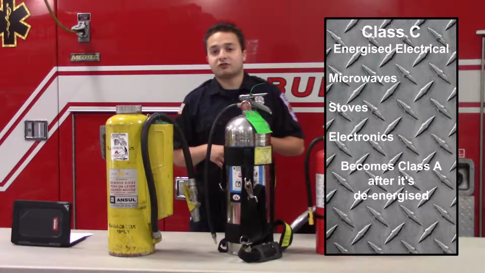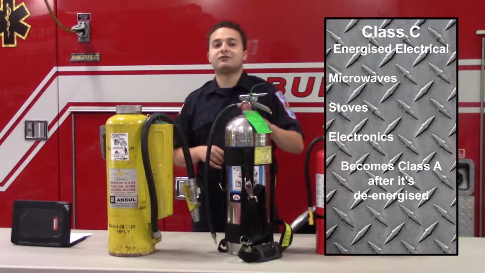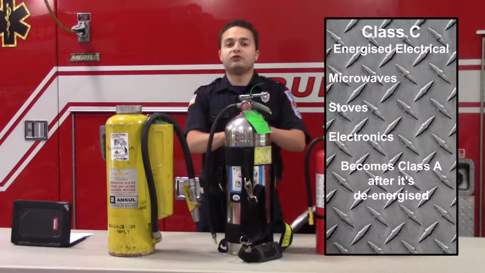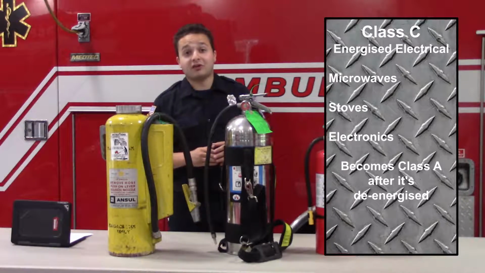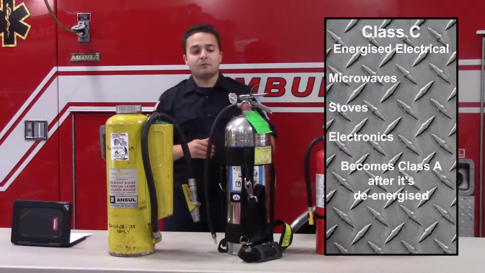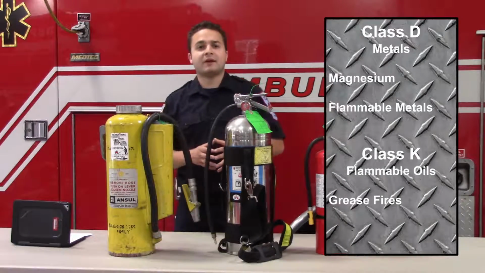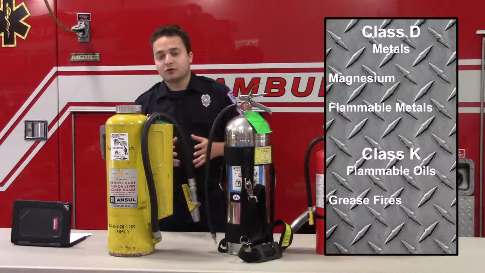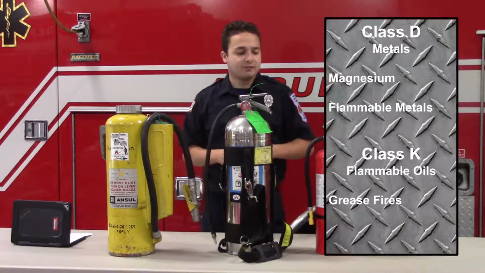C for energized electrical is your microwaves, your stoves. But what's important to know about Class C fires is that as soon as you de-energize the fire, it becomes an ordinary combustible Class A fire. D for metals is going to be your magnesiums and any flammable metals like that. And K for cooking oils is your grease, most commonly found in restaurants.